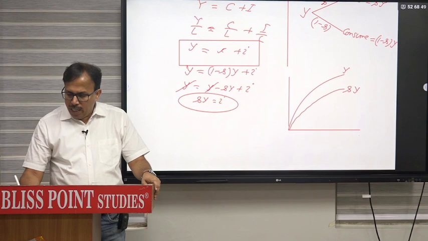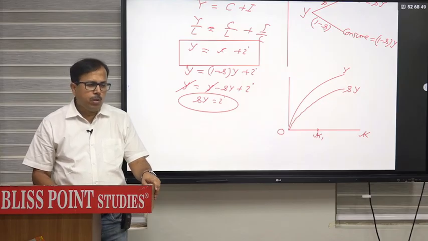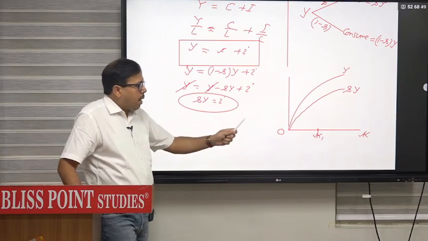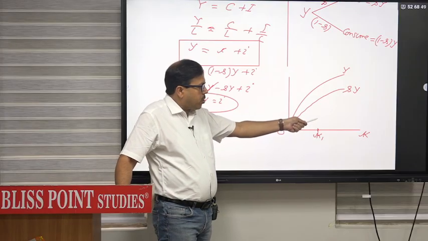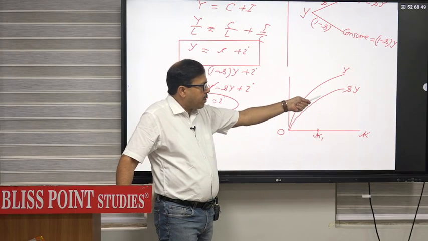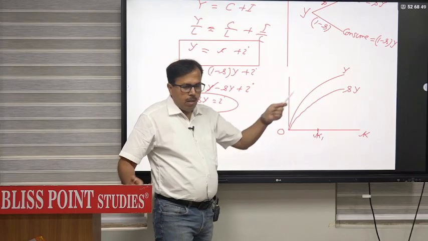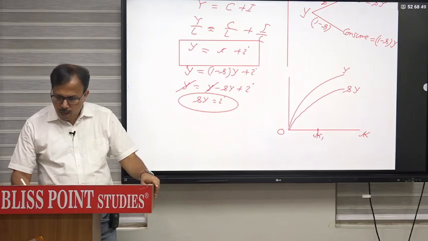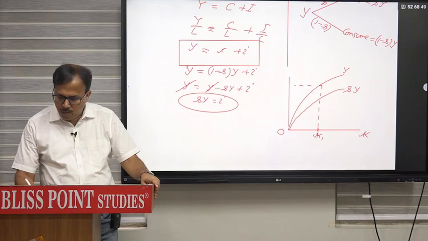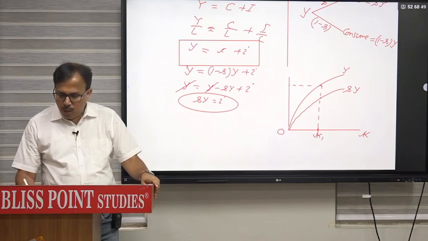So based upon any given stock of capital, suppose if I mark any stock of capital K, then what will be the output? For this amount of K, what will be the output? Output will be determined from the production function. This is y. So for this stock of capital the output will be determined from the production function, and from this point you will determine what?